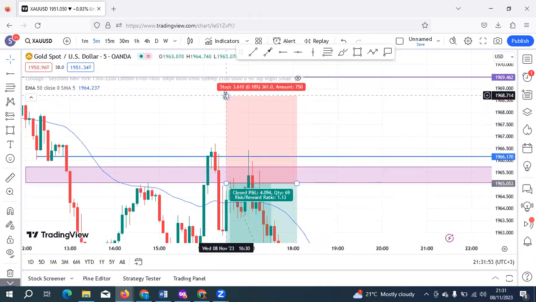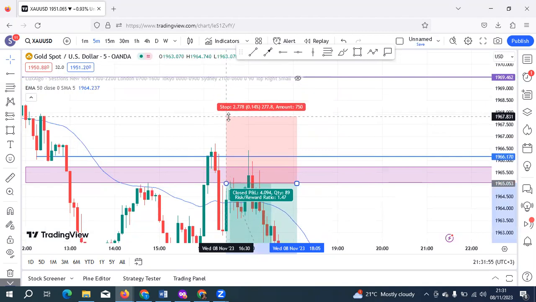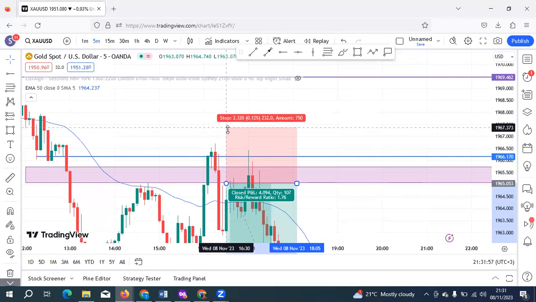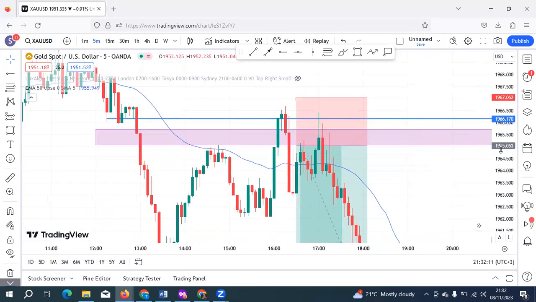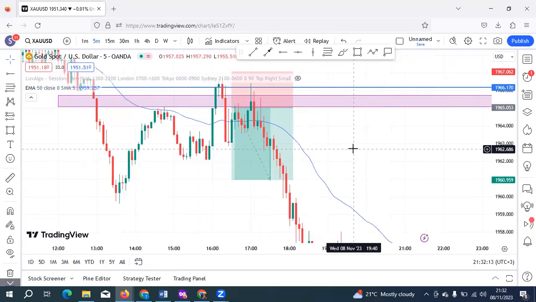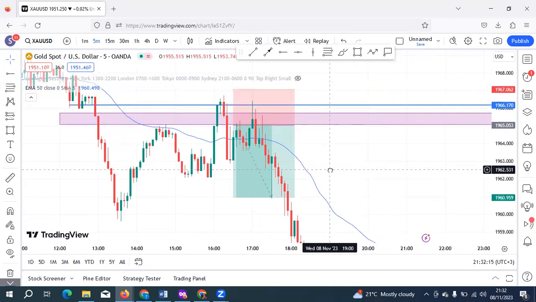And then I'll have a stop loss of 20 pips, which will be just above the M15 supply zone there. And that's how this trade was taken. That's how the take profit was taken.